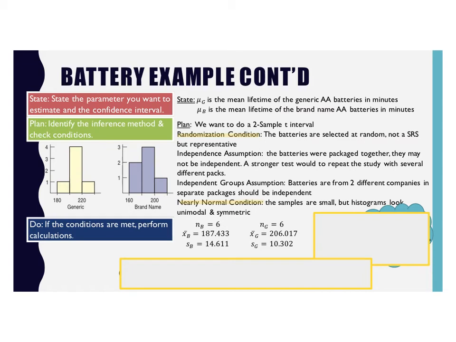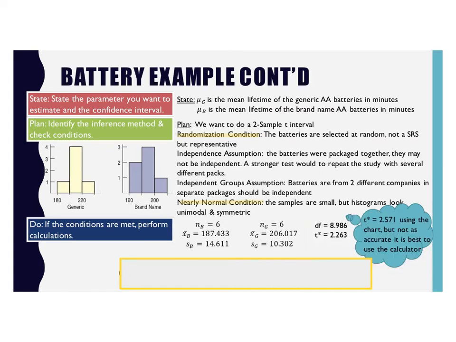My x bar sub b is 187.433, and my s sub b is 14.611. N sub g is also 6, and x bar sub g is 206.017, and the standard deviation of the generic is 10.302.